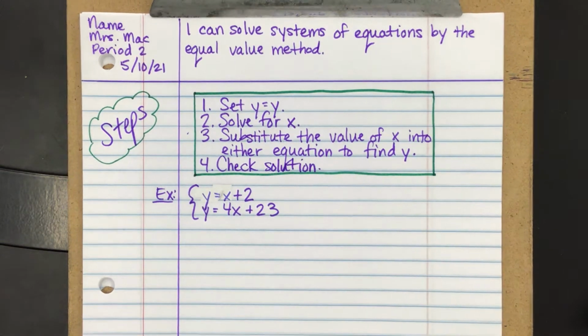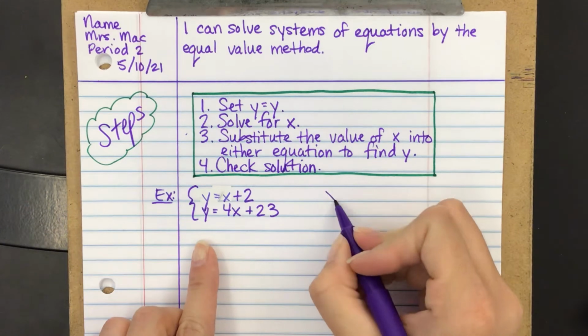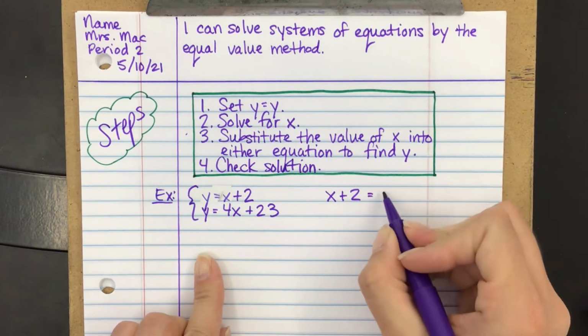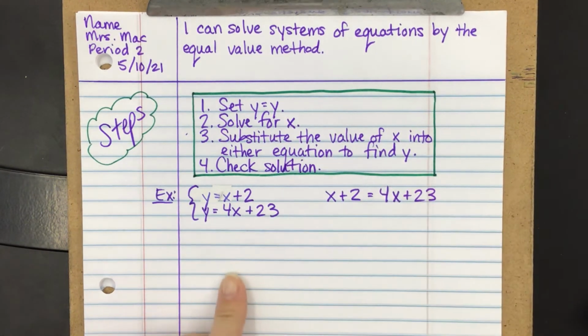It's like saying that A is equal to B is equal to C, right? If A is equal to B is equal to C, then we can assume that A is equal to C, right? Same thing here. So what I can do is I can say, well, since this is equal to y, and this whole thing is equal to y, that those two things are equal to each other.